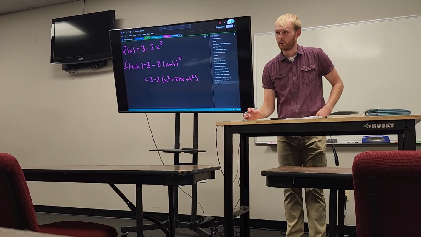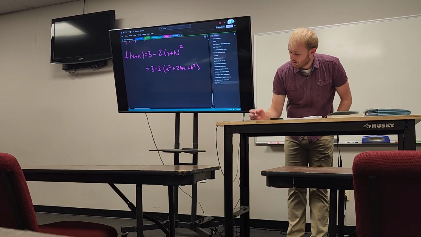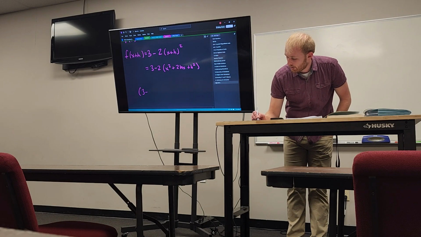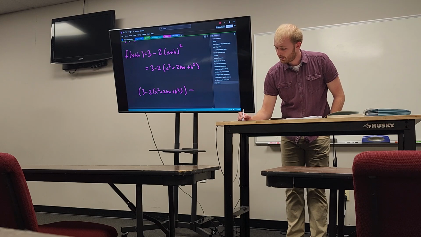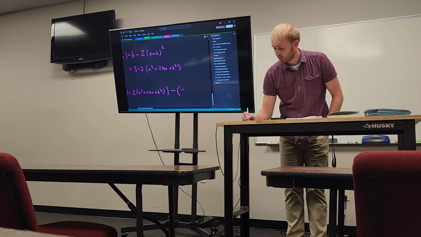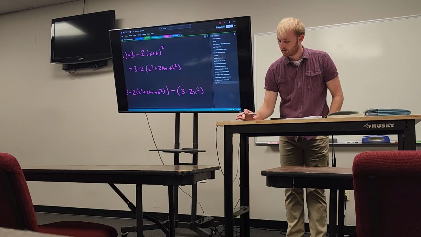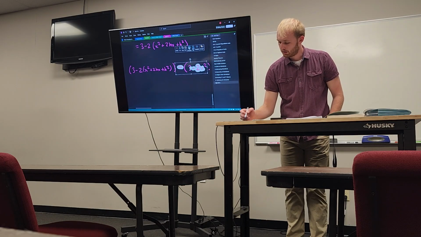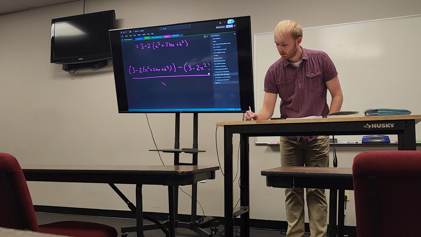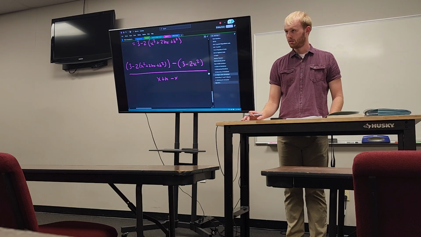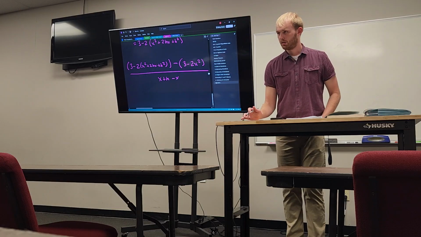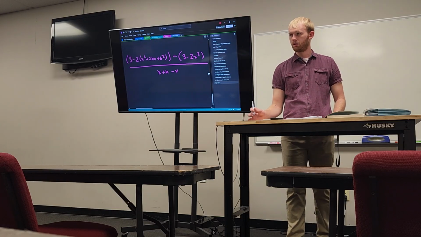Now we just have to build our difference quotient. So 3 minus 2 times x squared plus 2hx plus h squared, minus f of x, 3 minus 2x squared, over x plus h minus x. Yes?